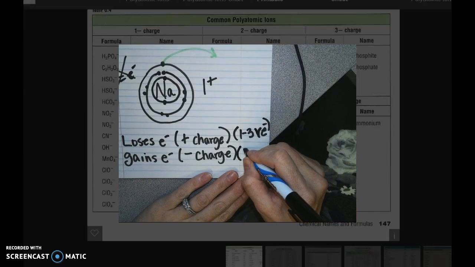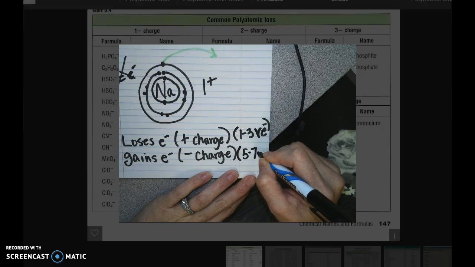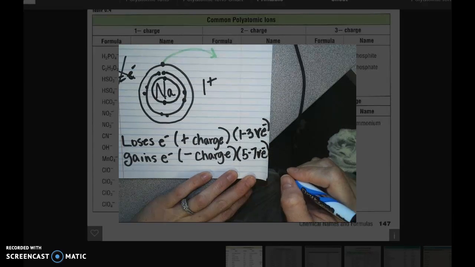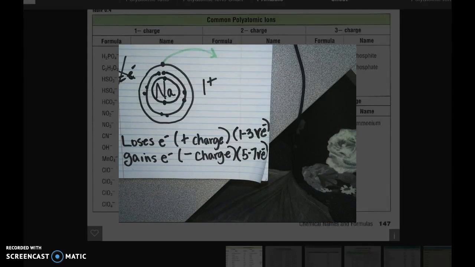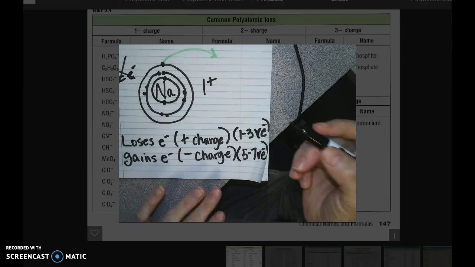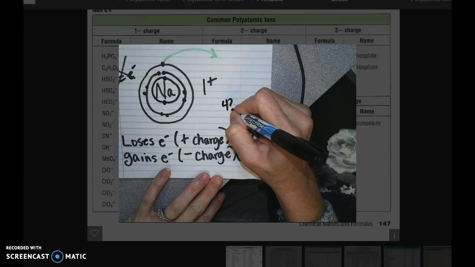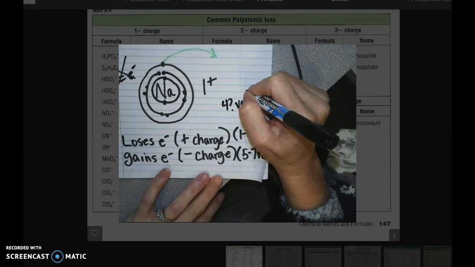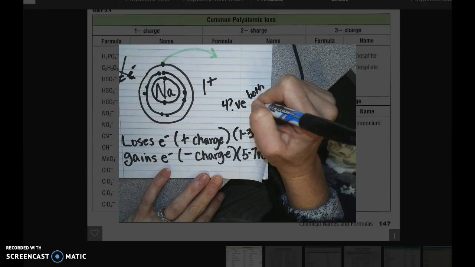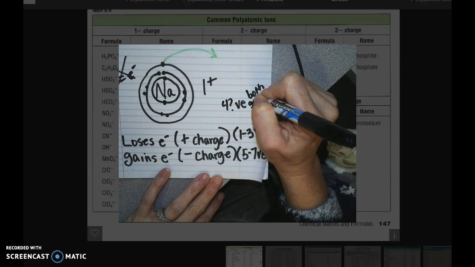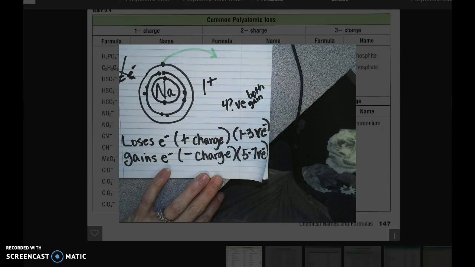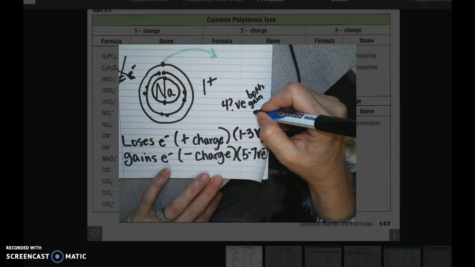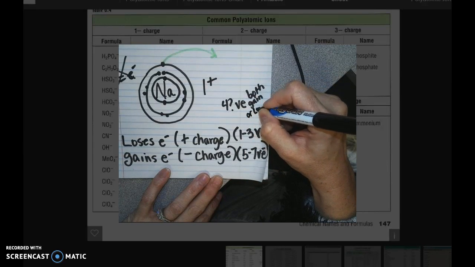If it has 5 to 7 valence electrons, it's going to gain. If it has 8, it's lucky ducky, it's already stable. If it has 4, it can do both. That's what makes the atoms found in that group, the carbon group, so special.